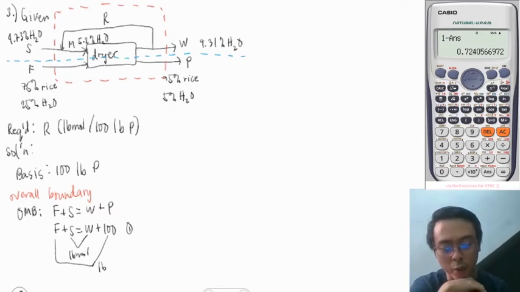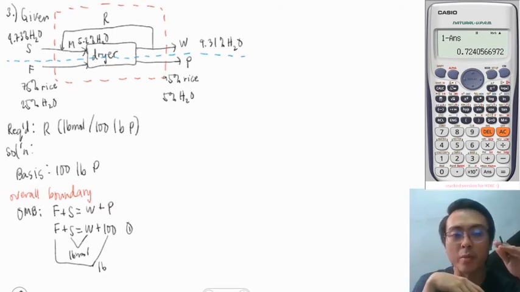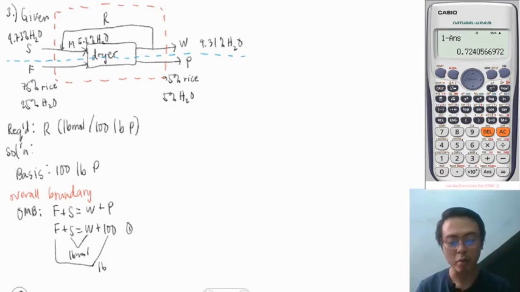One thing that we can change is to treat the bottom streams and the upper streams separately, although we are still talking of the OMB. What do I mean by that? Take a look at the balance of the streams. For stream F, you have 75% rice and 25% water. Another way of saying that is you have 25% water and the remainder is inert substance, or rice.